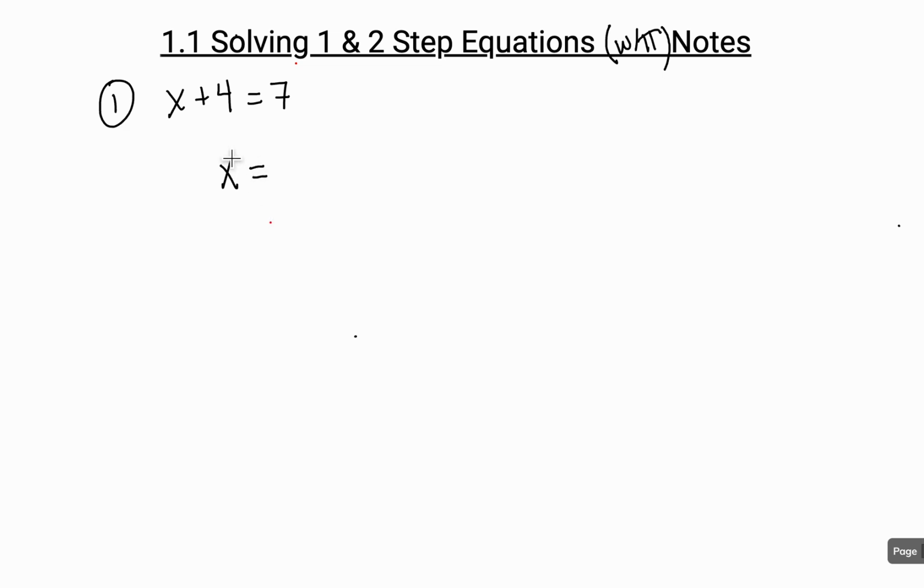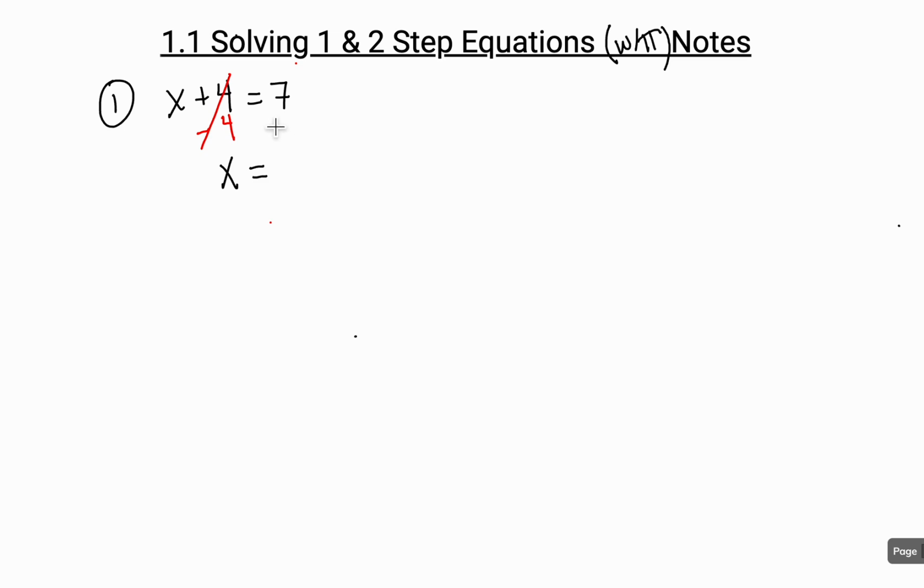Now, you probably already know by number sense that 3 plus 4 is 7, but algebraically, to show that, we subtract 4 to 0 out. So you see right here, it's kind of 0 plus 0. So we're able to 0 that out. Now, in equations, if you subtract 4 from one side, we have to keep that equality.